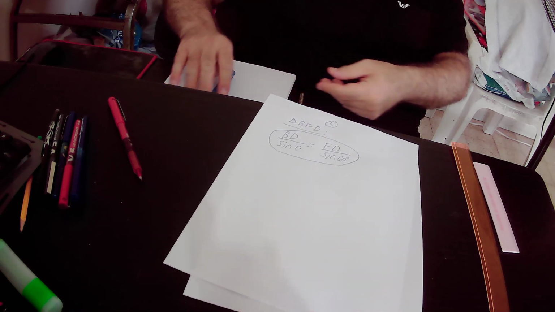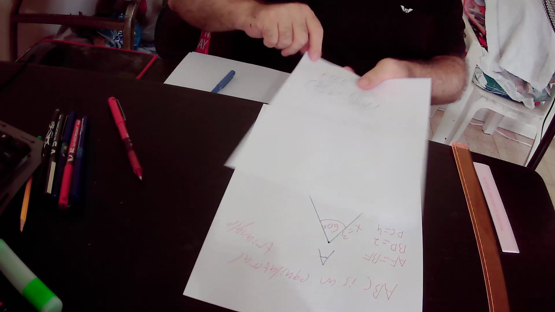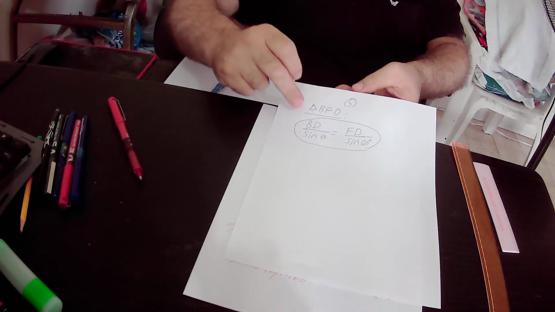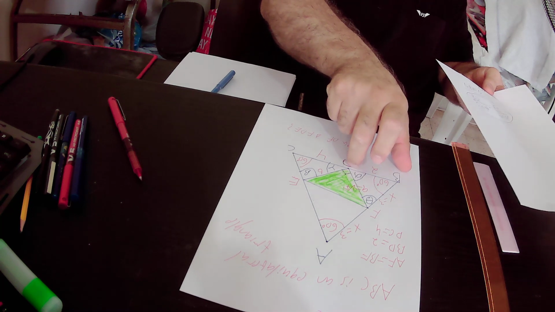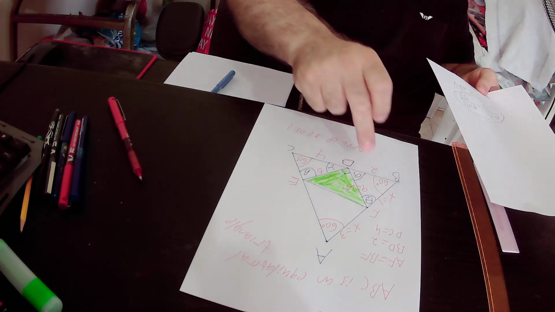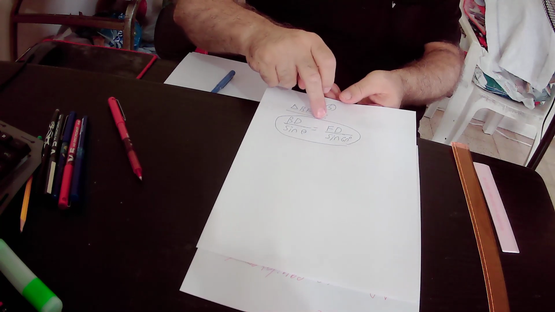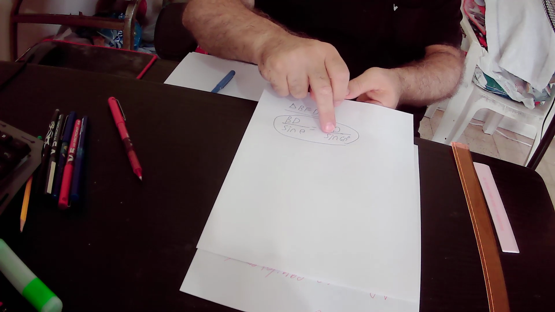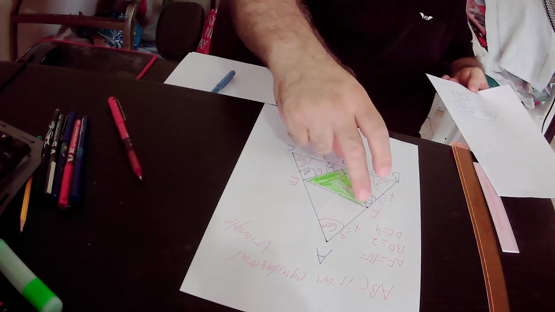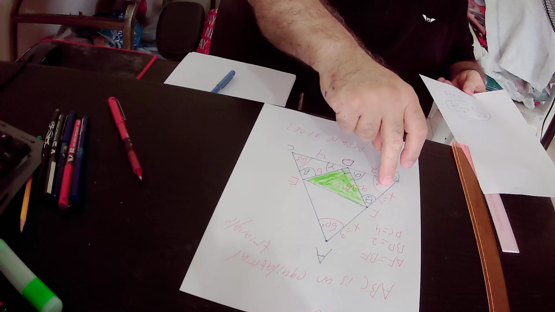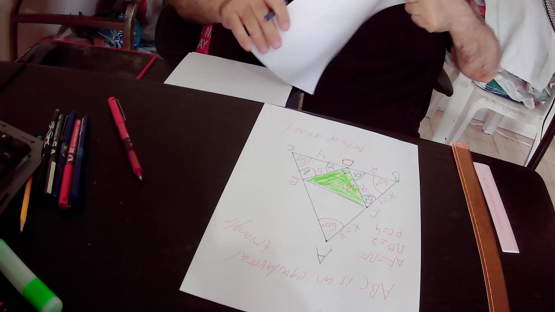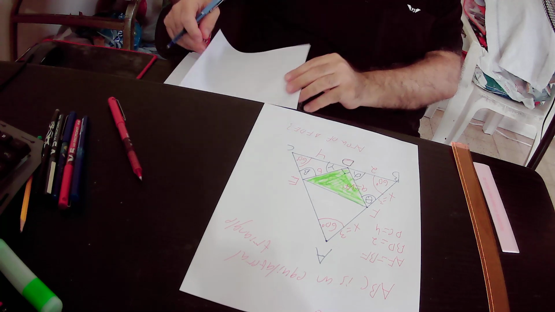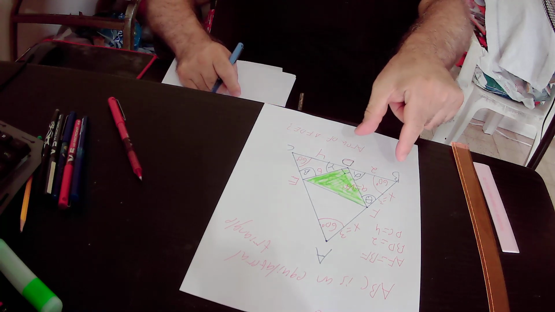In triangle BFD, BD over sine theta equals FD over sine 60 degrees. Okay, the value of BD is 2 units.